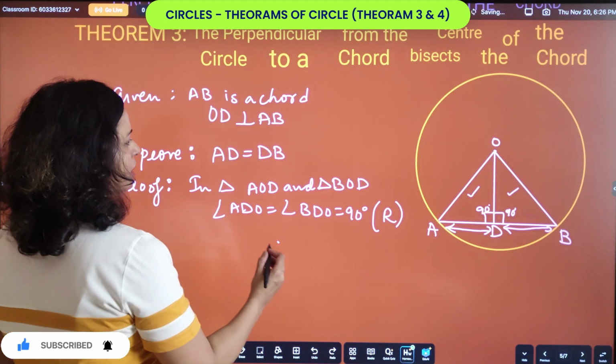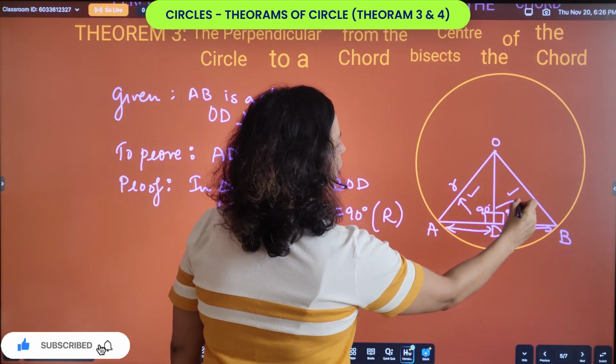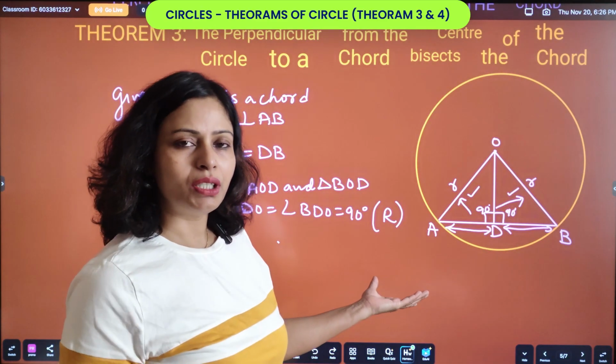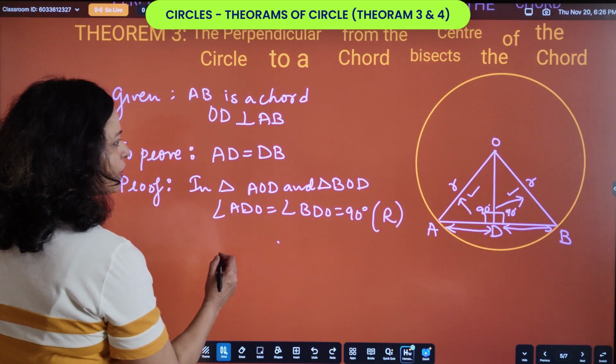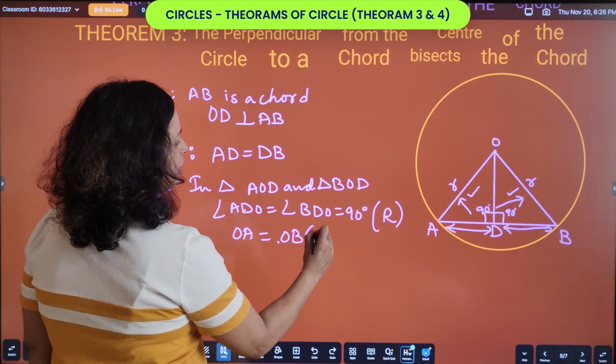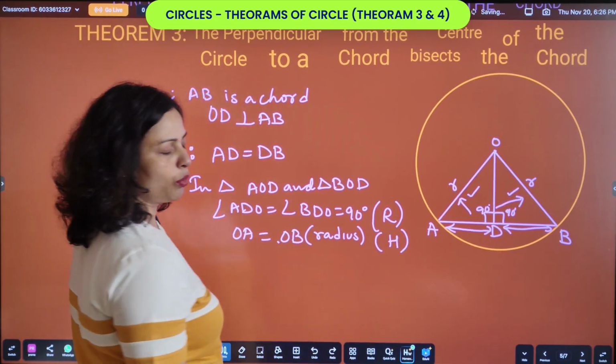Now the hypotenuse: opposite to the 90 degree angle we have the radius, and in the other triangle also we have the radius. They are both radii of the same circle, so they are the same. We can write OA is equal to OB. So this becomes our hypotenuse.